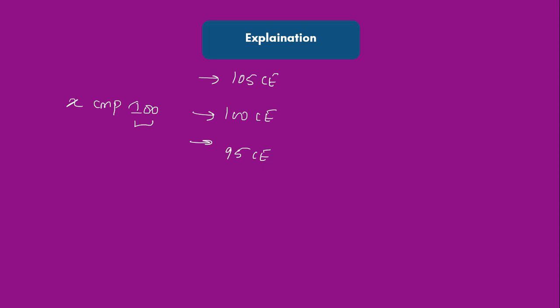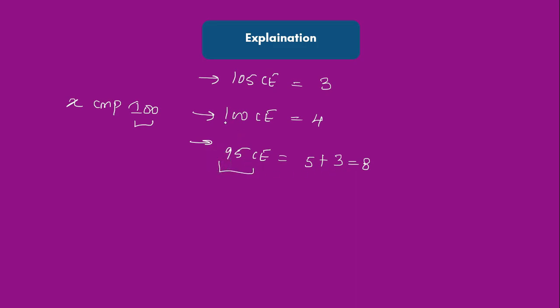I am taking a small, hypothetical example, and say 100 call is at 4 rupees extrinsic value, 105 call is at 3 rupees extrinsic value, and 95 call will have say 3 rupees extrinsic value and 5 rupees intrinsic value, so that the net value will be say 8. Now the rule says you buy K1 call.